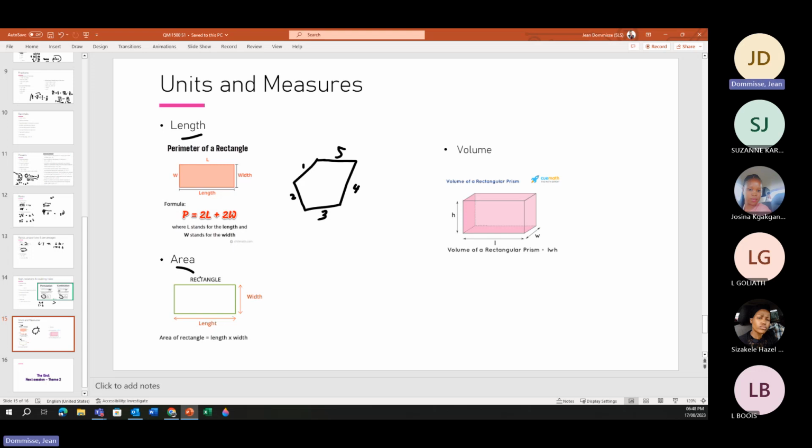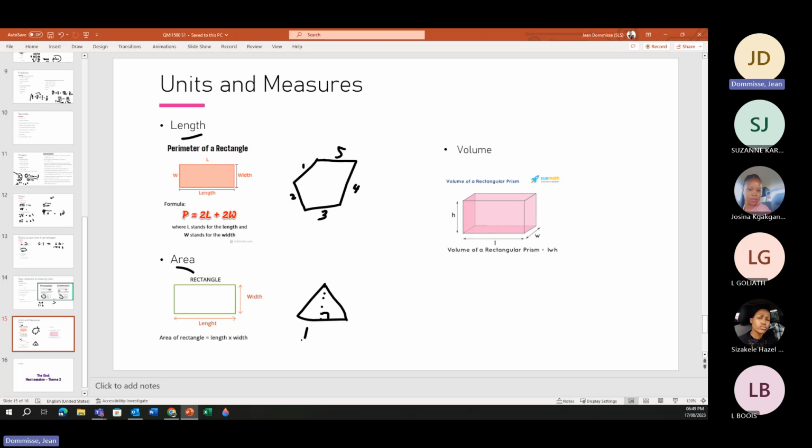So when we look at a rectangle, or a square or anything like that, it's normally the one times the other one, so length times width. When we get to triangles, normally what they need to give you is the height as well.